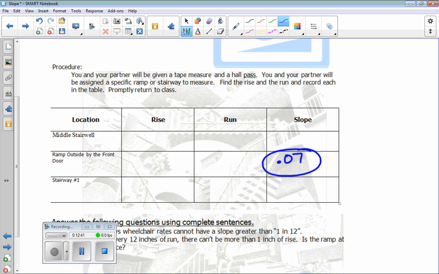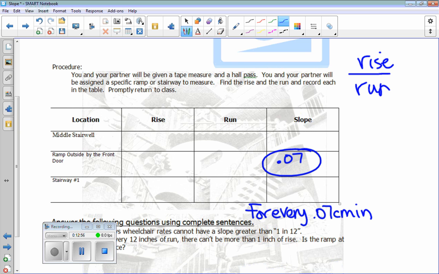Okay? We need to say, for every what? 0.07 centimeter in, because if you remember, our slope is rise over run. We usually talk about it as a fraction. 0.07 is not a fraction. Could we convert it to a fraction? Yeah.